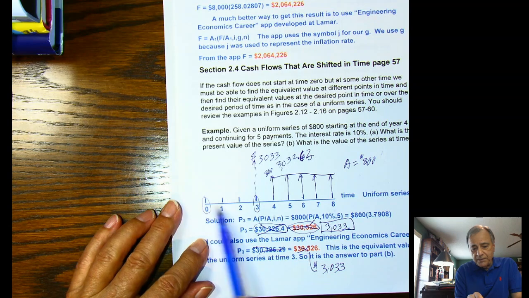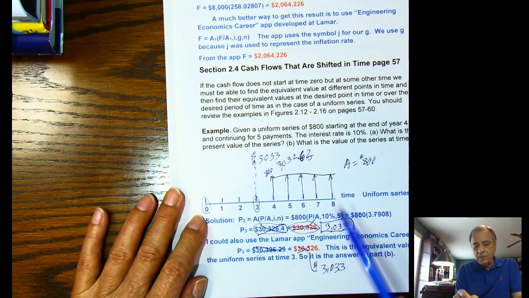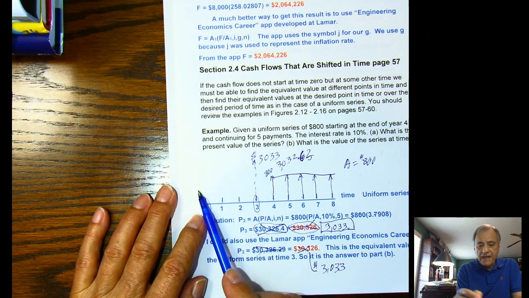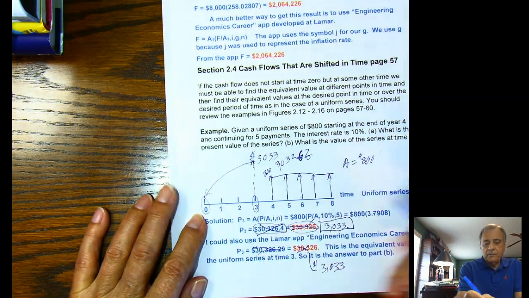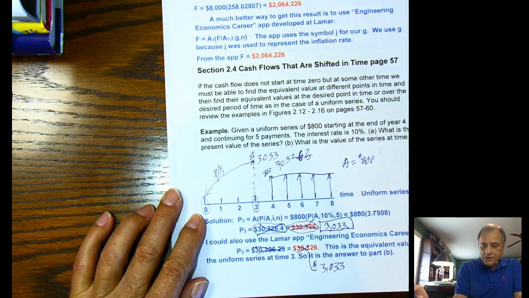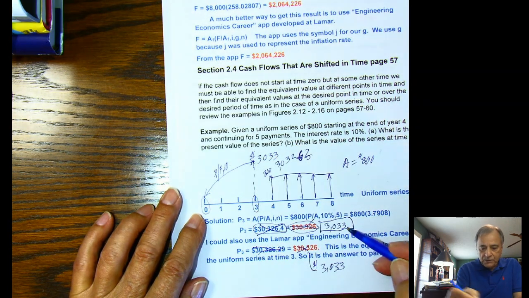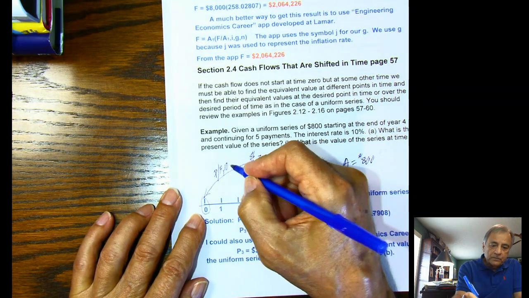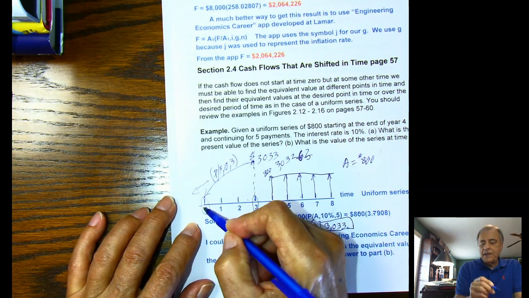Relative to this time, this point in time is a future. So we're just going to multiply this times P given F to get it back to here. So this will be P given F. What's our interest rate? 10%. How many periods? Well, that's 3 periods. And we're going to get a present value at time 0.